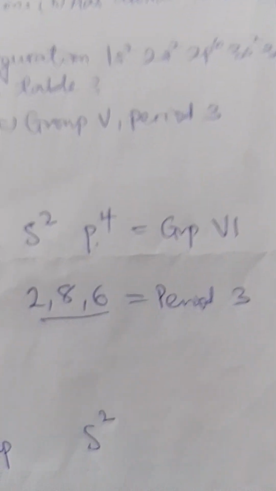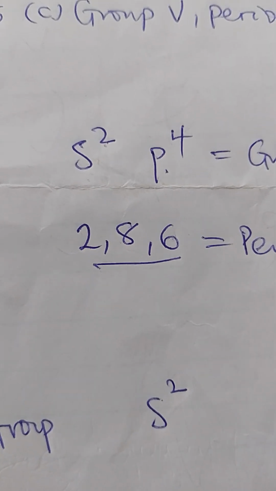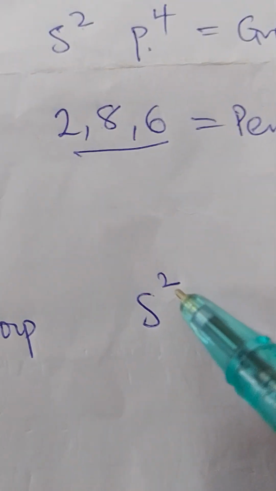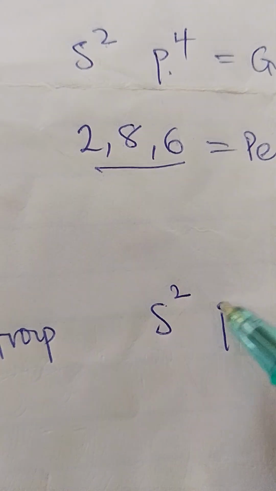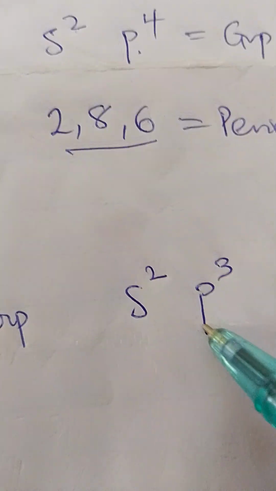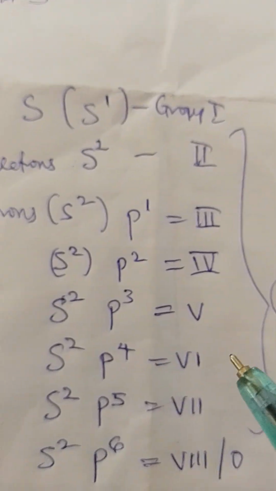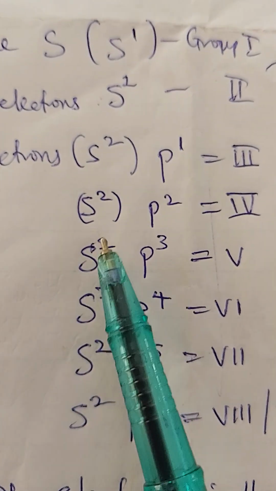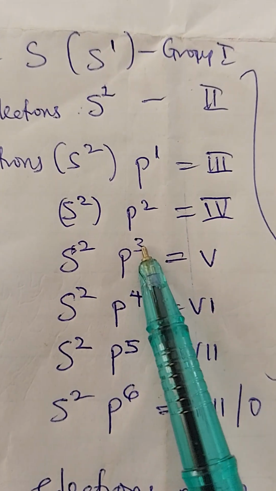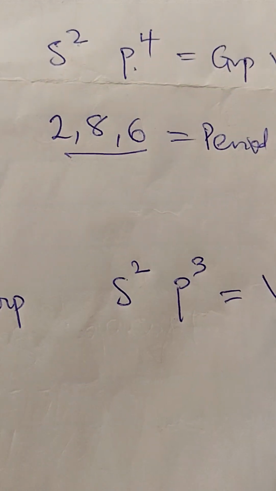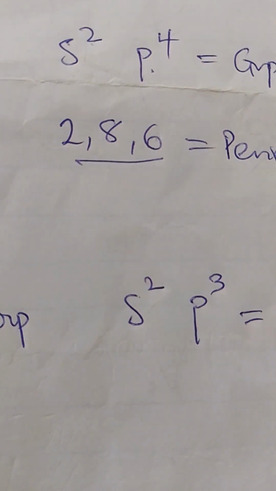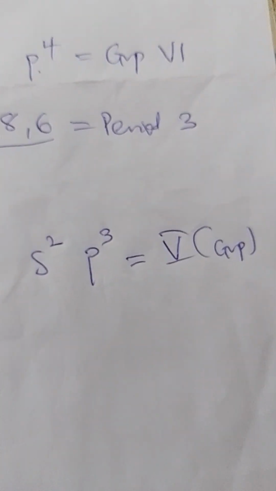Okay, I hope you understand that. So now it ends with 2 electrons on the s orbital and 3 electrons on the p orbital. That is group what? Group 5. It is in group 5.